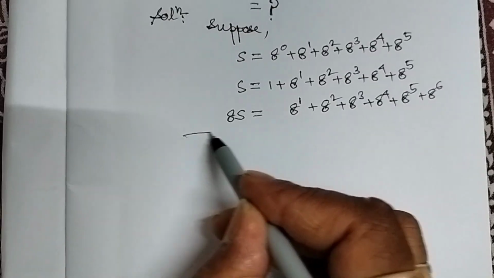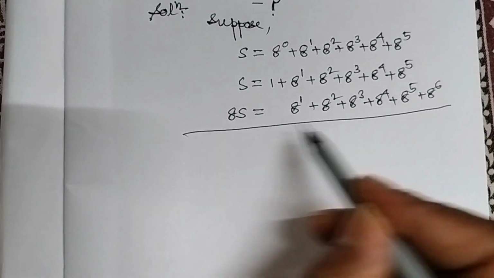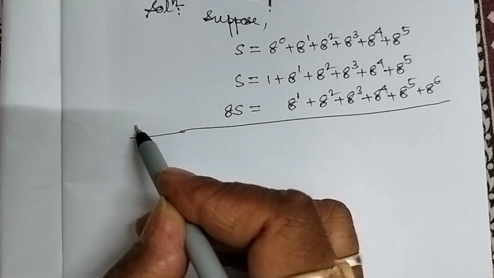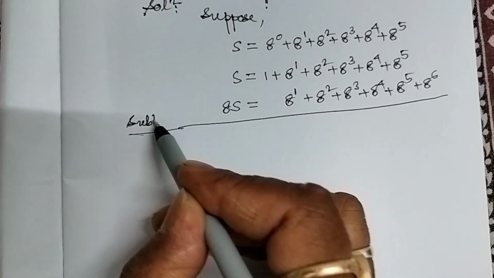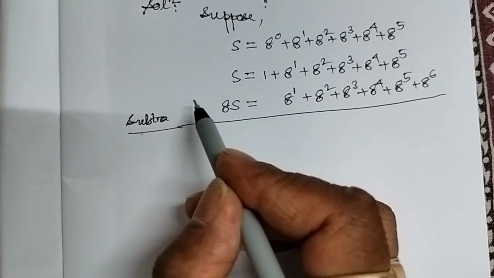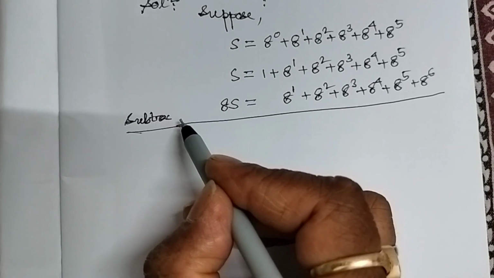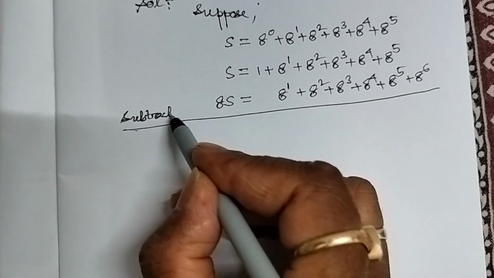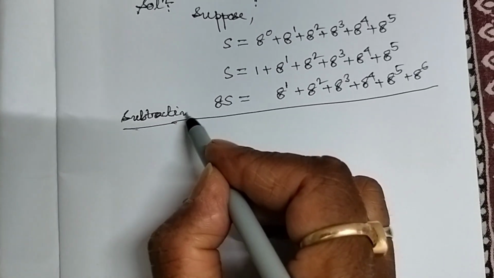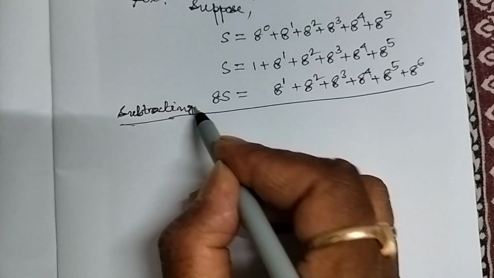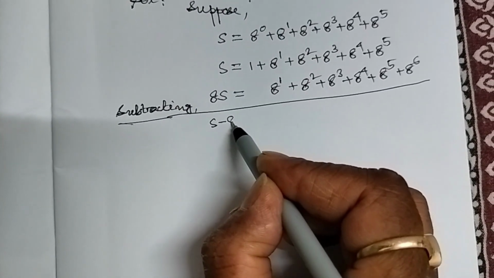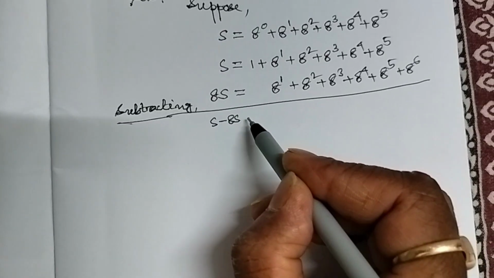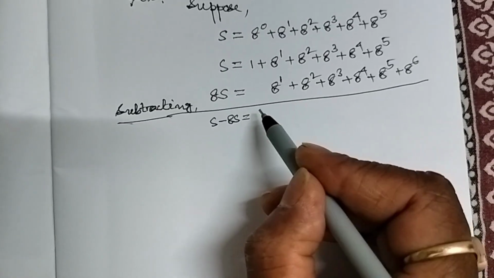Now we will have to subtract the lower expression from the above expression. Therefore, subtracting, when we subtract the lower expression from the above expression, the sign of lower expression will be changed.